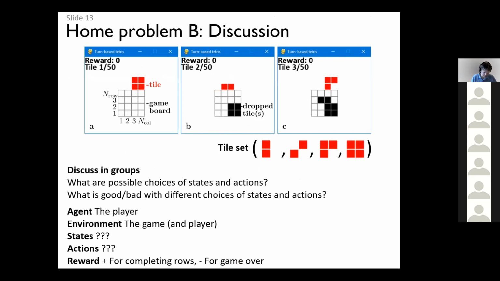So the reward is -100 for a game over via overflow, and +1 for completing a line, and +10 for completing 2 lines. So does it matter to have a +10 here? If we would just have a +2 for completing 2 lines, what would be the difference?